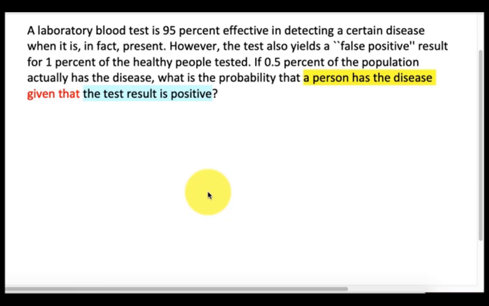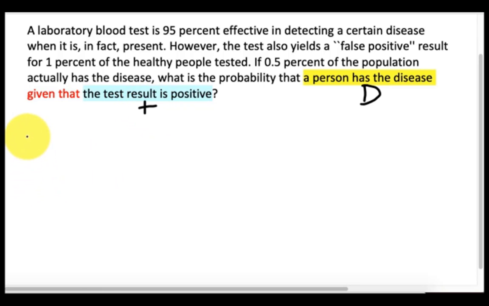If 0.5% of the population actually has the disease, what is the probability that a person has the disease given that the test result is positive? So I'm going to denote by D the event that the person has the disease, and plus is the event that the test is positive.